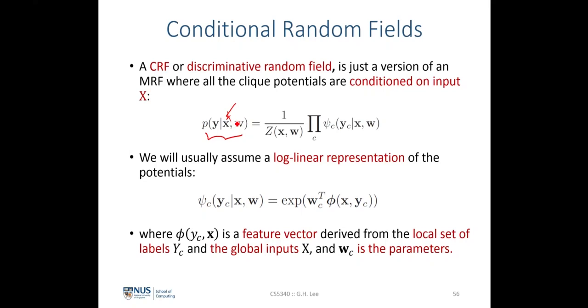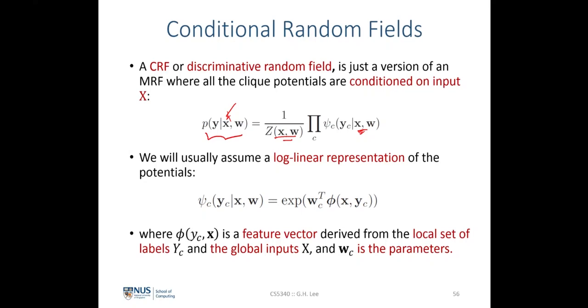So in this case, we'll see that the potential is directly a function of x, where x here is our observed random variables, and w here represents the parameters of the clique potentials. Here, the partition function is also a function of the observed inputs, as well as the clique potential parameters.